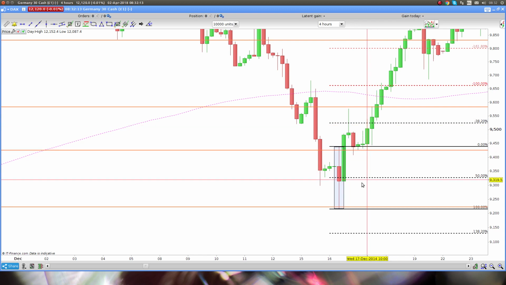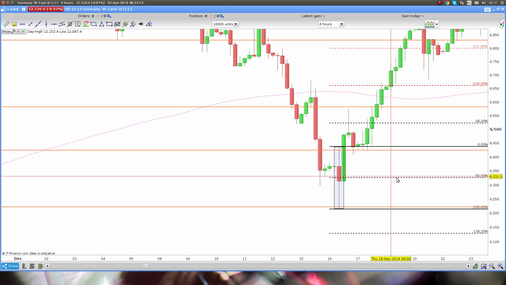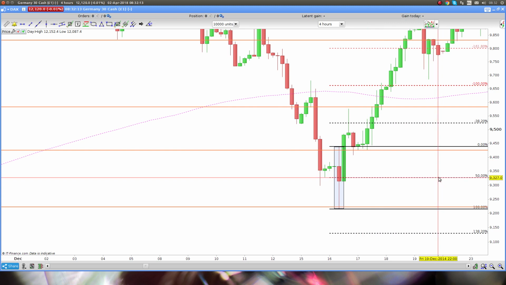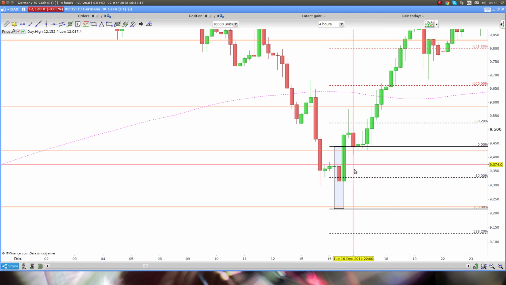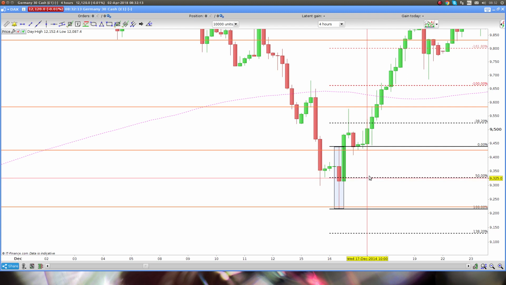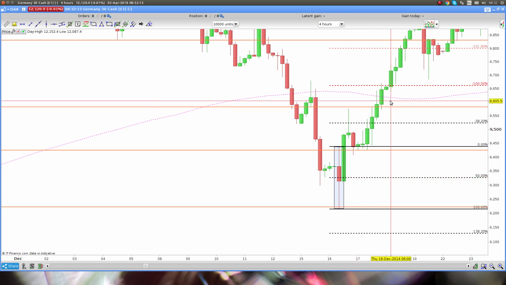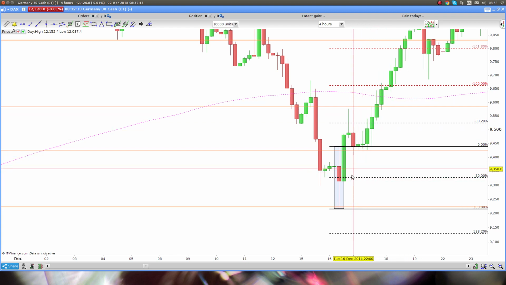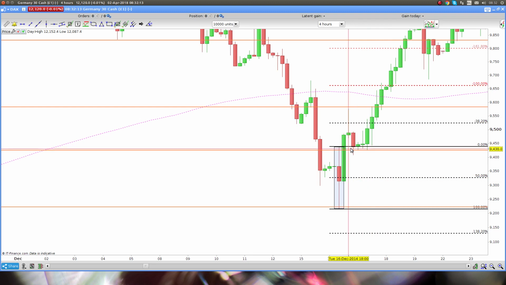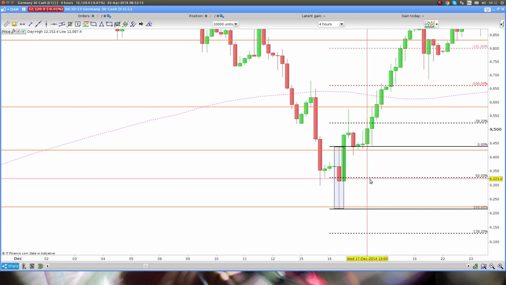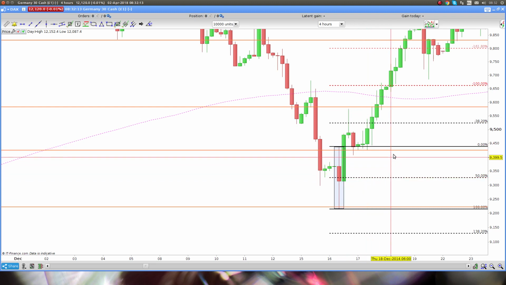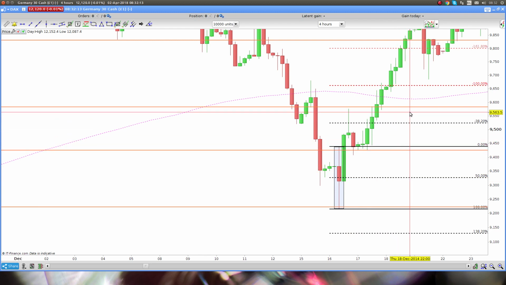So what I've learned about ranges is very simple. The 50% of the range is a very important area because often price will come back into the range and hover around 50% before breaking out again. And sometimes, it'll touch the top of the range and then it'll come back and it'll hover around here and then slowly, gradually move back to the top of the range before it breaks out.